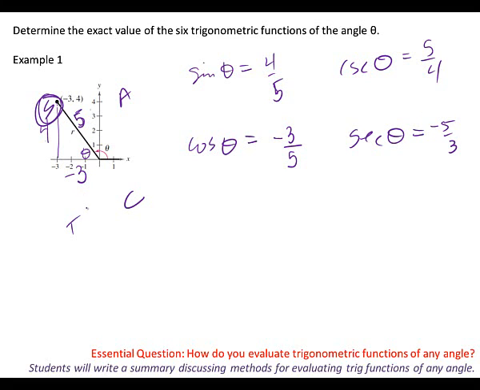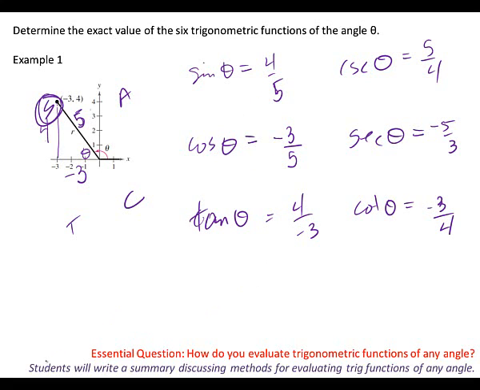So sine and cosecant are positive. Everything else should turn out negative. Okay? All right. What about tangent? What's the tangent of that triangle? 4 over -3. Good. And then what does that make the cotangent? -3 over 4. Okay. All right.